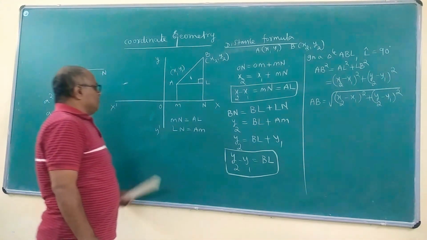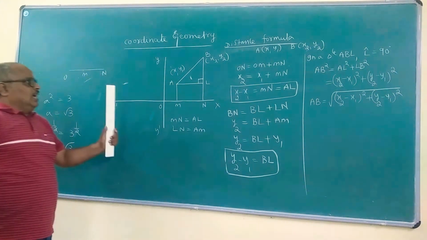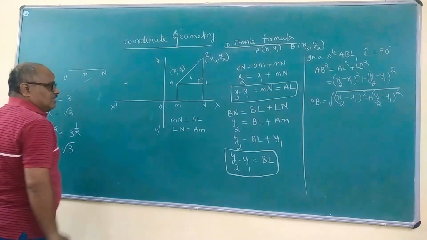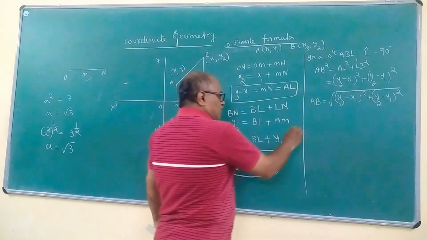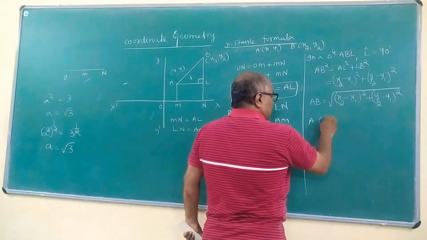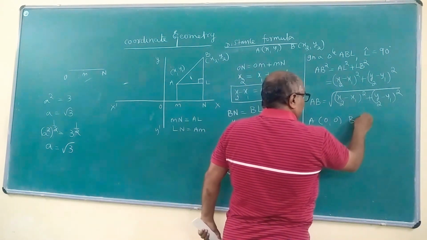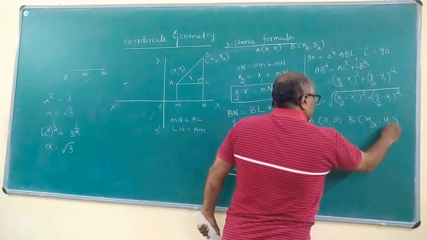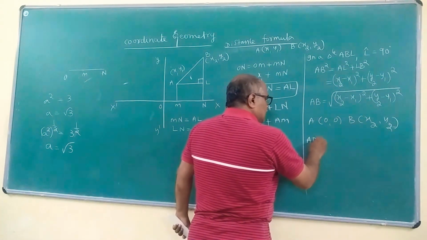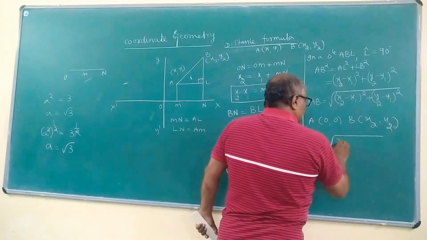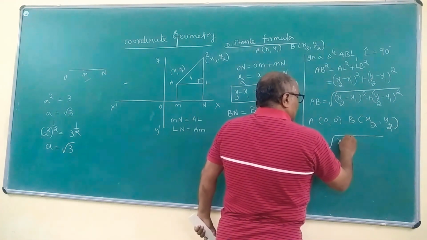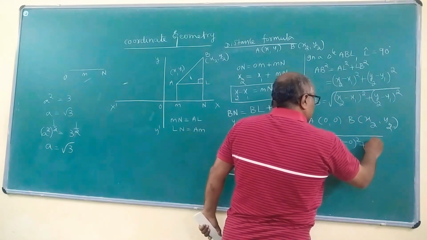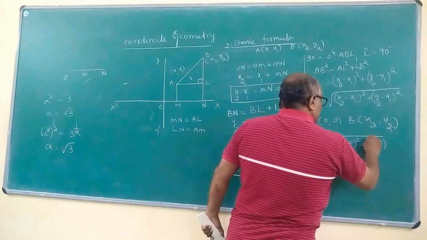Suppose any one of the points lies on the origin, the above distance formula becomes the square root of x2 minus 0 whole square plus y2 minus 0 whole square.